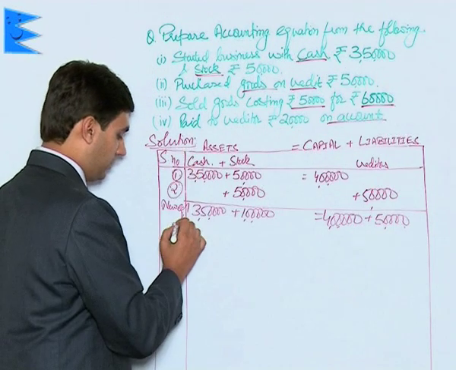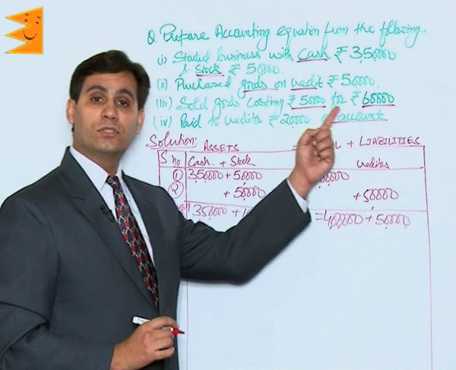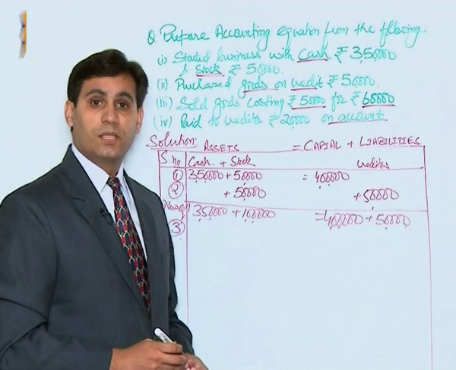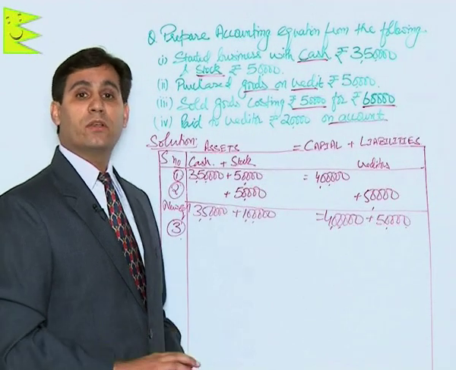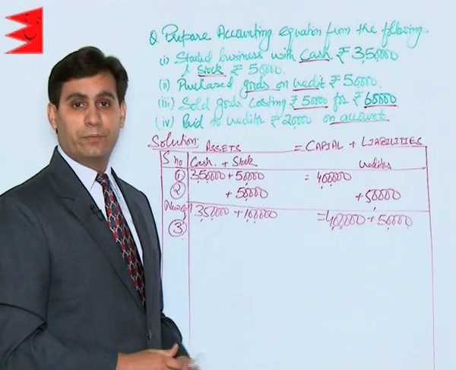Now students, the third transaction: sold goods costing 50,000 for 60,000. That means goods to the extent of rupees 50,000 have been sold by the business.